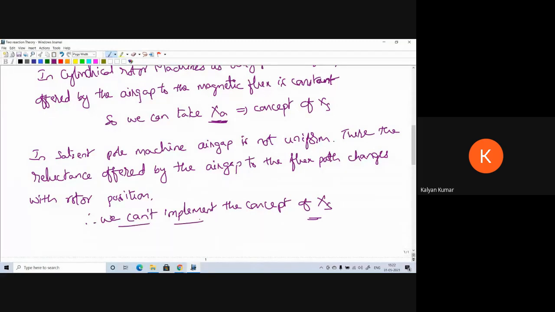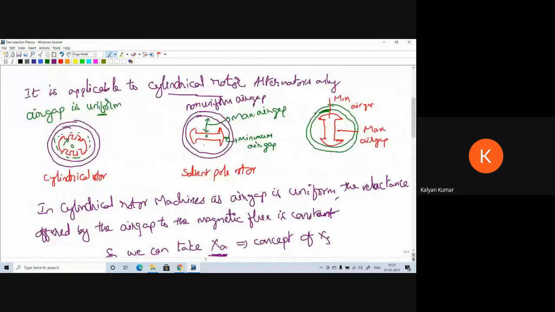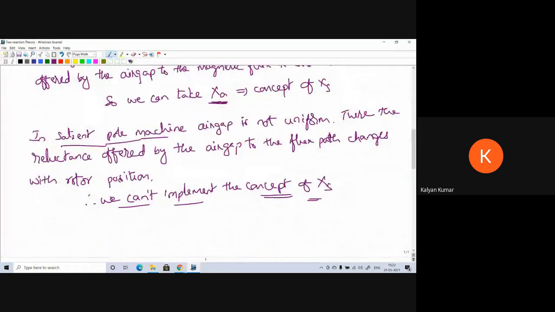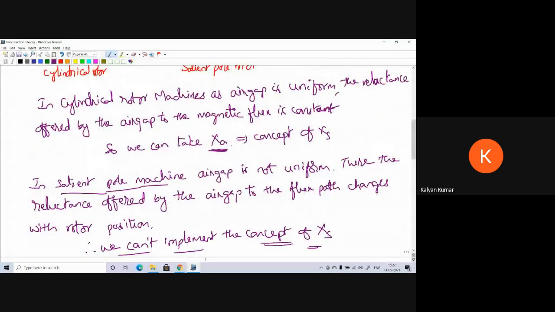We can't implement the concept of synchronous reactance for salient pole machines. Okay. So, whatever the concept that we have studied in third unit for determination of voltage regulation, the same methods we cannot implement for salient pole machines. The reason is the reluctance offered by the air gap to the flux path is going to change with rotor position.